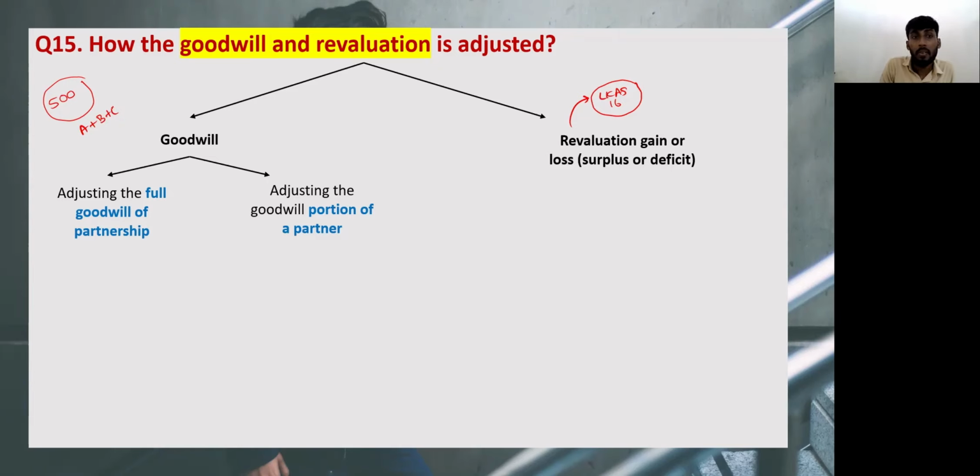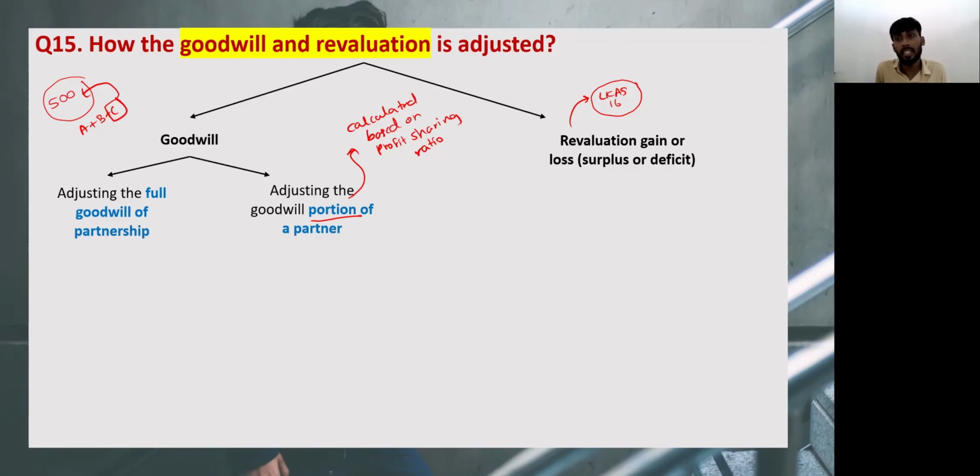Now, if we are going to adjust the goodwill portion, then we calculate how much goodwill is attributable to one partner. This portion is calculated based on the profit sharing ratio, my dear students.